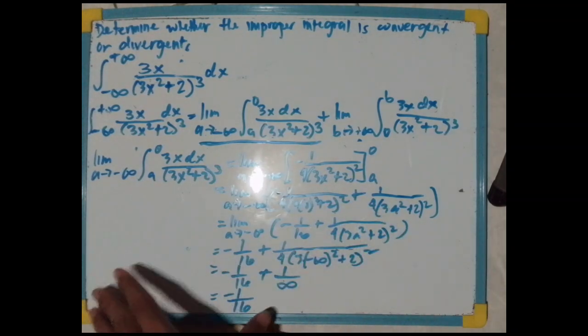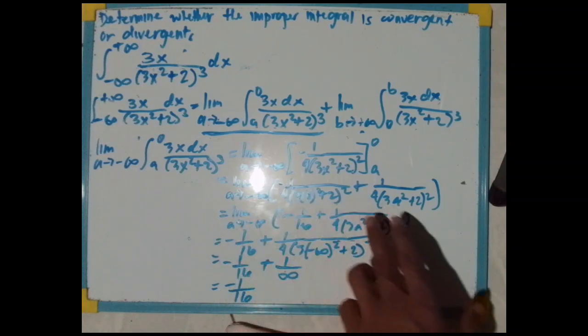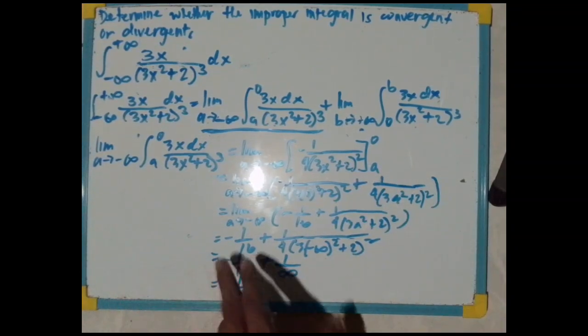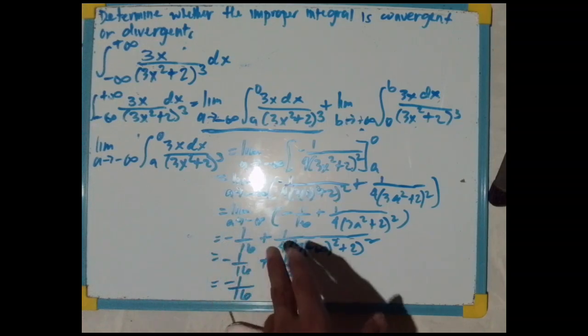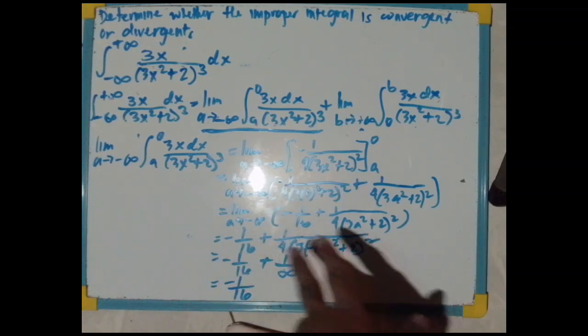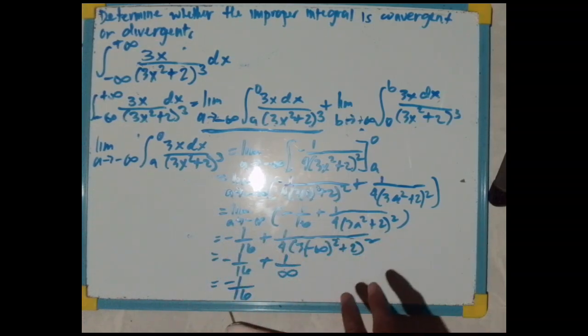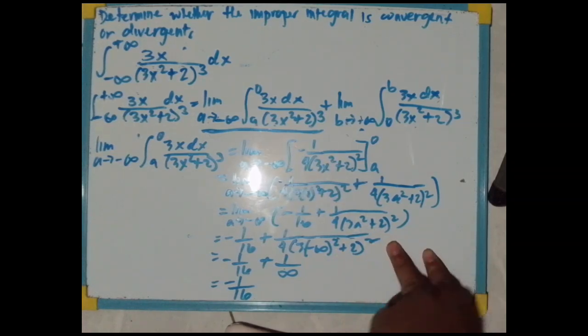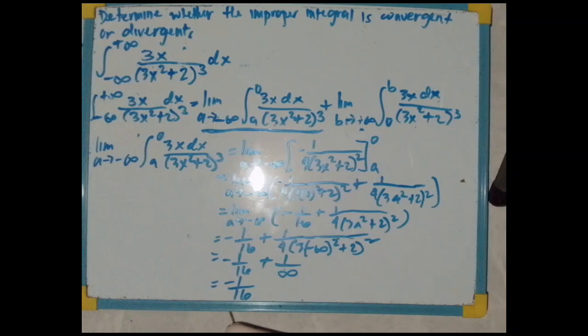After substituting a and 0, we have the limit of the quantity of negative 1 over 16 plus 1 over 4 times the quantity of 3a squared plus 2 raised to the power of 2, as a approaches negative infinity.